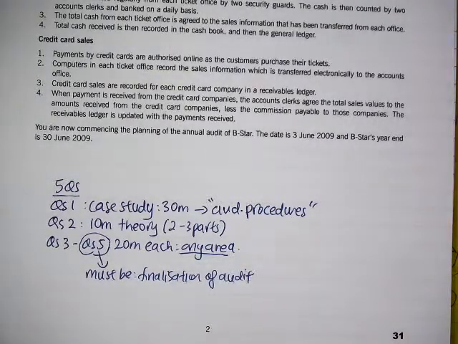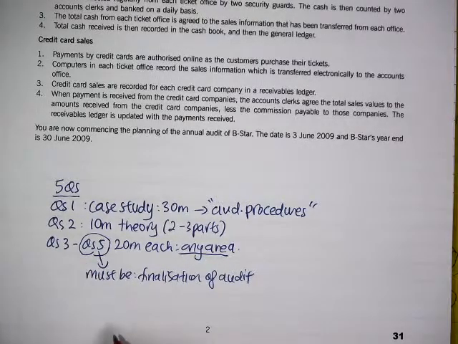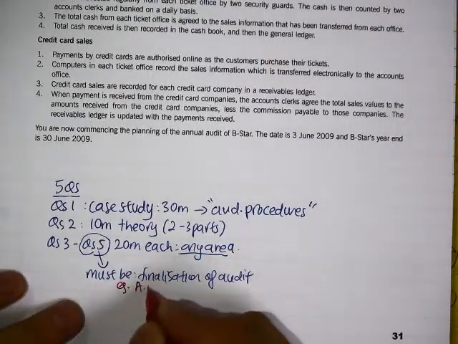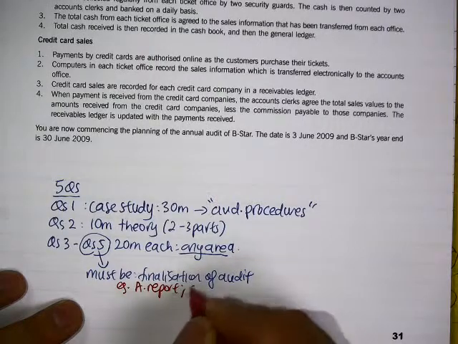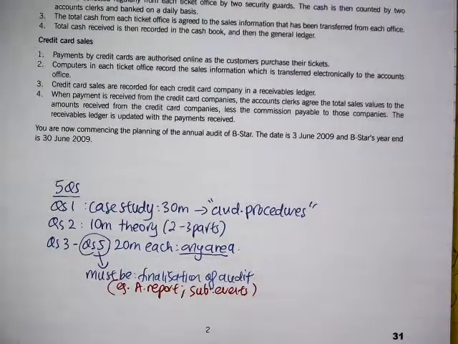That is the part that you learn now. We just learned audit reporting. We began with subsequent event. So these are the areas that you're going to see for question 5. That will be the final last few chapters that we're studying. So for example audit report, subsequent event, these kind of things are under question 5.